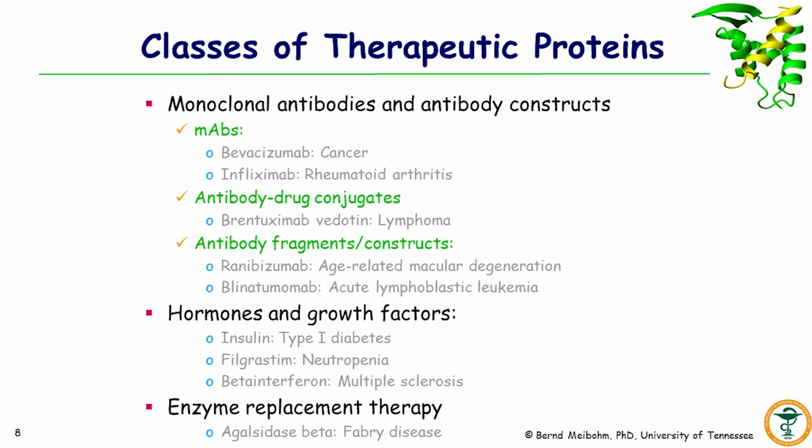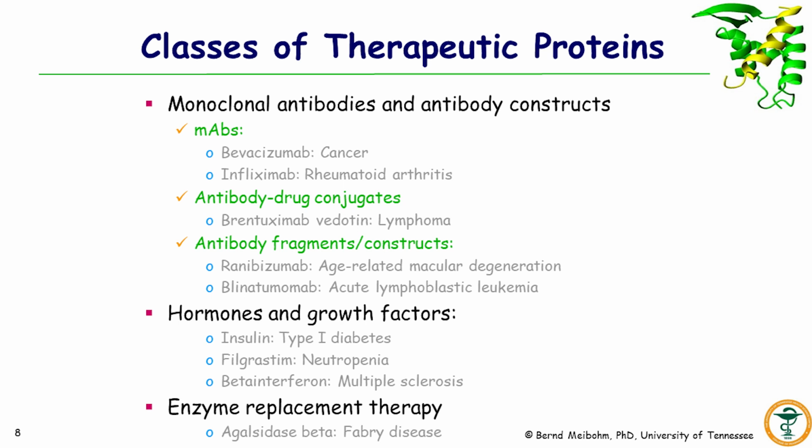Then antibody drug conjugates, where an IgG molecule is conjugated with a small molecule drug that ultimately carries its own activity. So the antibody may either be used as a delivery device only, or may also contribute to pharmacologic activity.